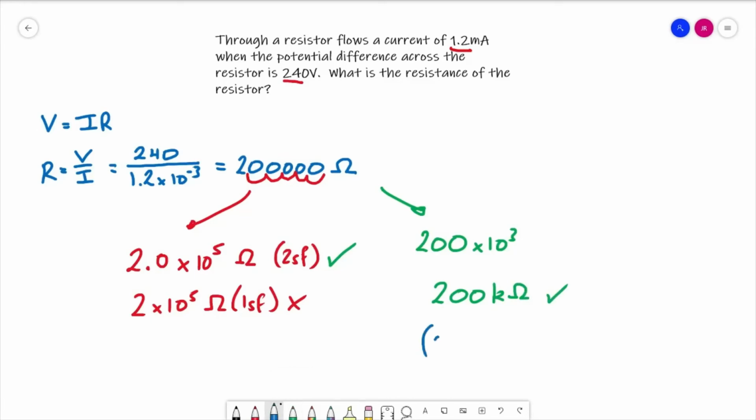Whatever you do, don't try and write that as 0.2 megaohms. That would probably be marked incorrect at that point, because of course the number in front we want to try and keep 1 or above, and definitely not go to 1,000. So keep it 1 or above but below 1,000. So 200 fine. 0.2 megaohms is not how we would do that answer.